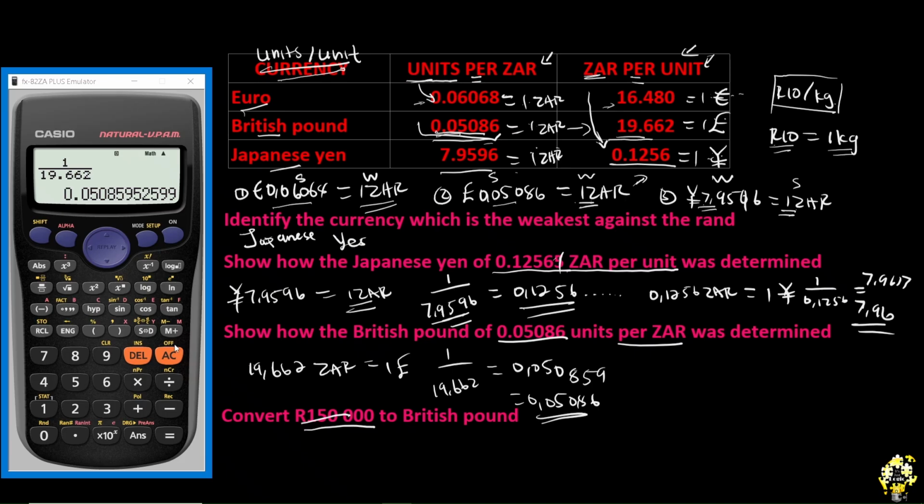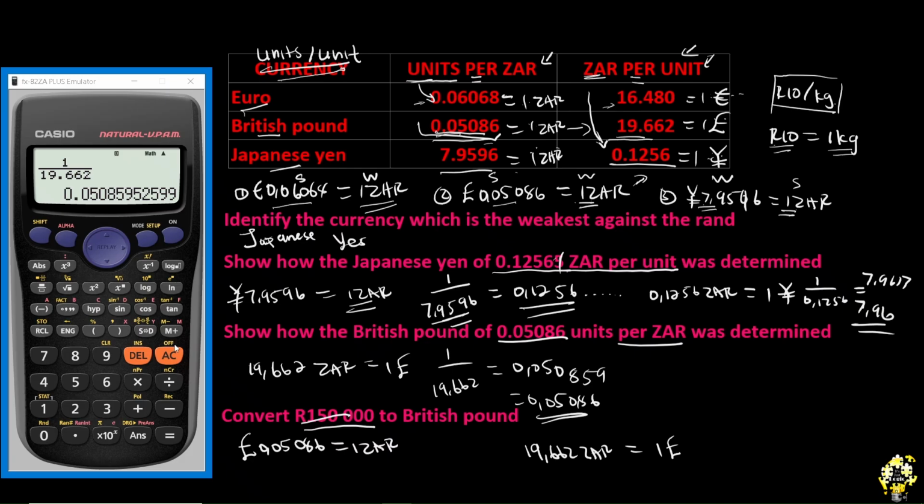Now, we are at British pound. So we know that 0.05086 British pounds is equal to 1 South African rand. But on the other side, it means the same thing: 19.662 South African rands is equal to 1 British pound.